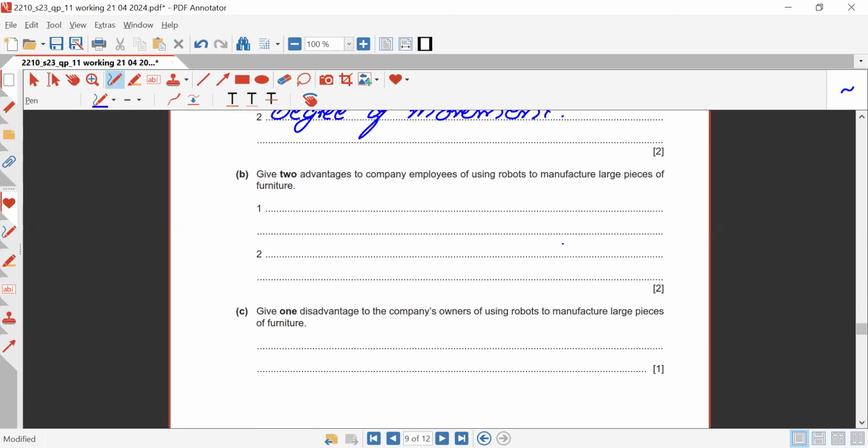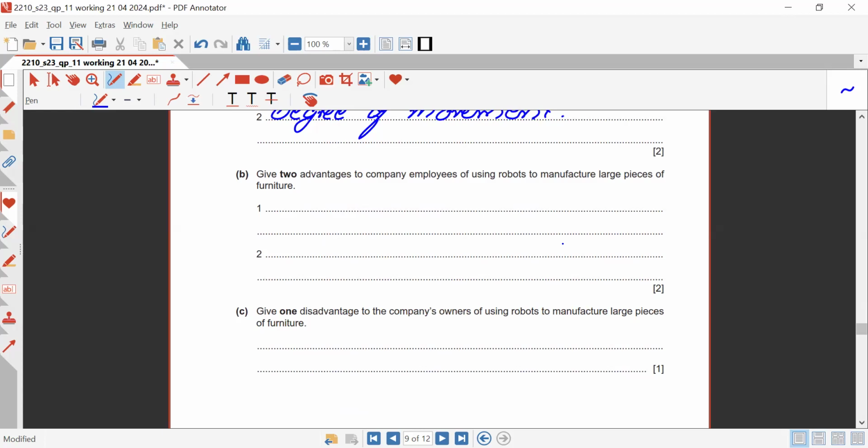Give two advantages to the company employees of using robots to manufacture large pieces of furniture. Okay, now do remember that it is regarding the company employees, not to the company. Now, what will be the benefit to the company employees of placing the robots over there?